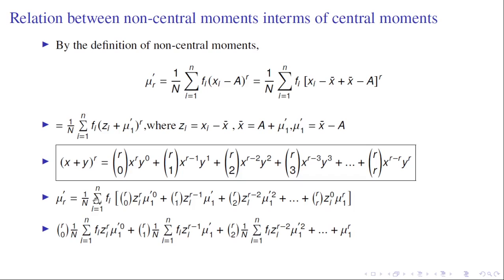For rC0, it is (1/n) Σ from i = 1 to n of fi zi^r μ1'^0, so that term becomes 1. For rC1, it is (1/n) Σ fi zi^(r−1), same. Look here, for the last term, Σ fi / n is 1, rCr is 1 and zi^0 is 1, so the last term is μ1' to the power r.